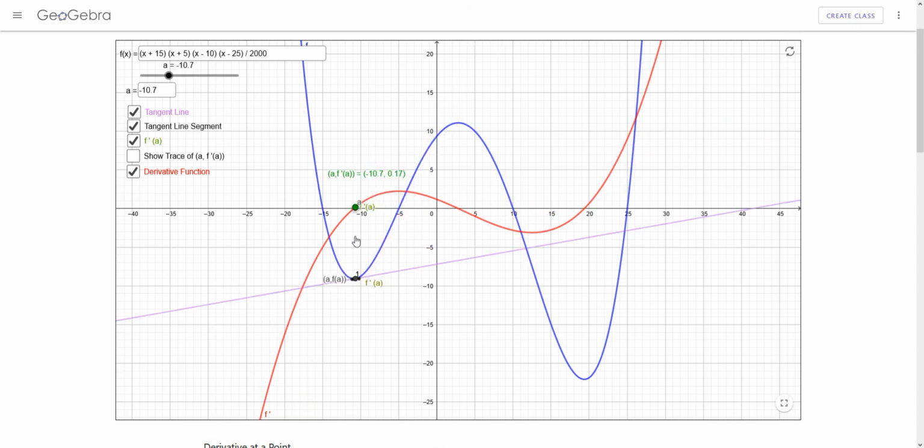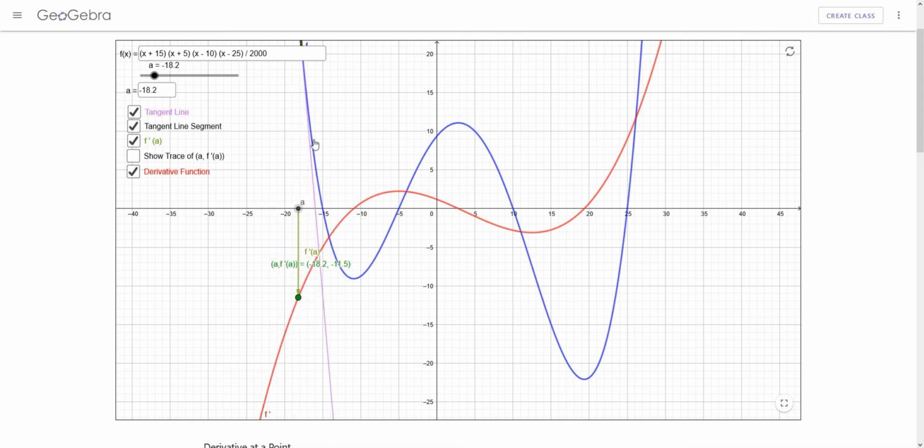From here at that minimum to here at that maximum, the derivative is positive, so the graph is above the x-axis for the derivative. And then this piece on the far left, all the slopes are negative. As we go to the right, the graph is going down, and so that means that the derivative is negative.